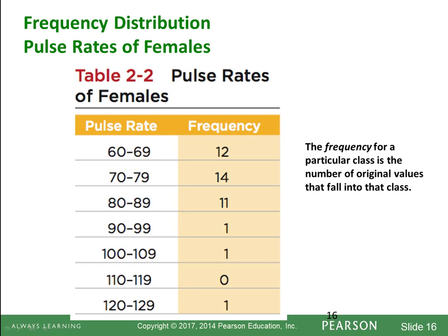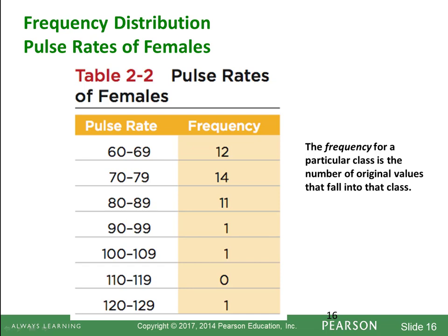The important thing when we do a frequency table is that our data can only fit into one category. You can see this one goes 60 to 69, 70 to 79, so there's no ambiguity on where that piece of data fits.